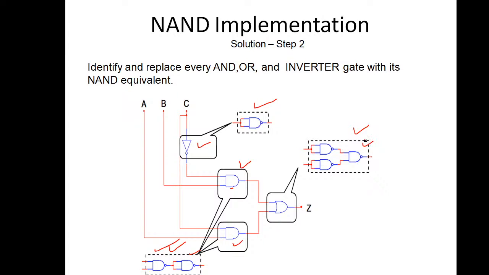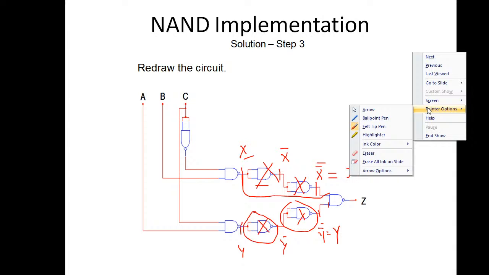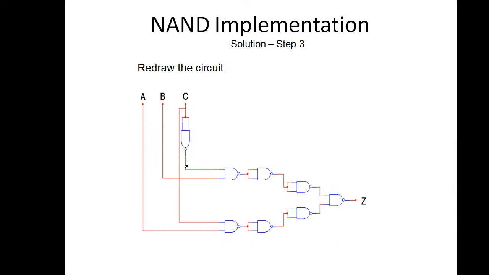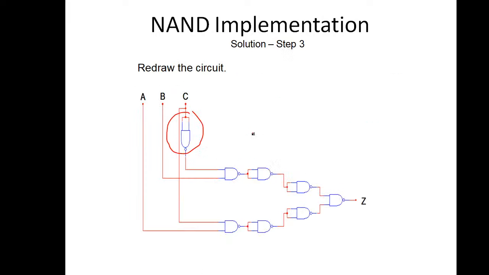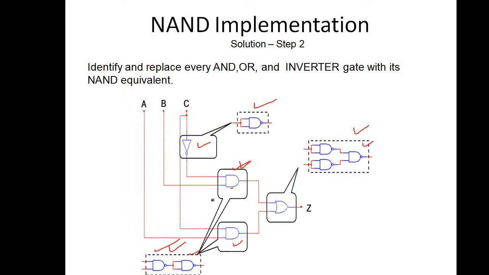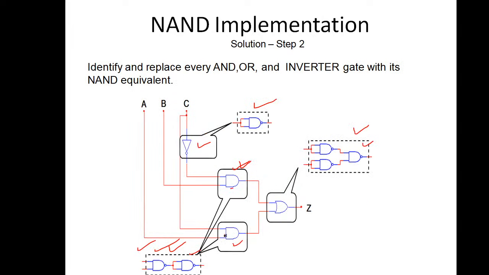Now, if you just replace it, what you are supposed to get, I am removing this one once again. I have replaced this NOT with, see, previously this NOT is going to be replaced. So this AND is going to be replaced by this. And this second AND is also going to be replaced by the same circuit.